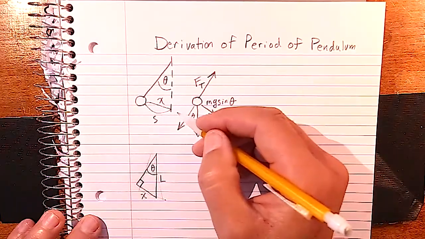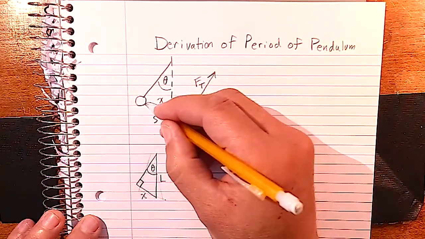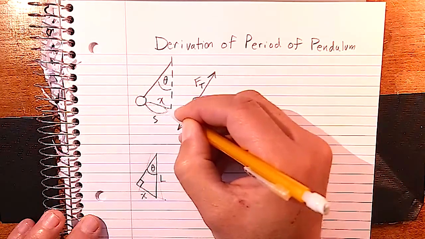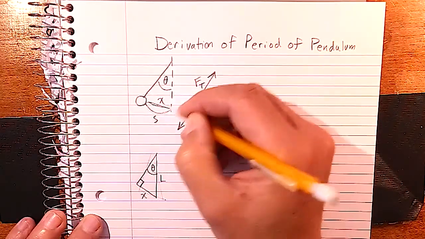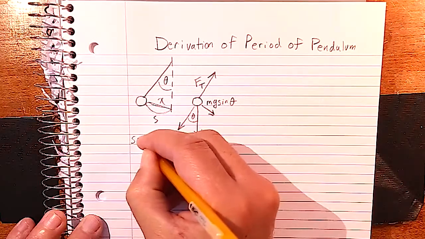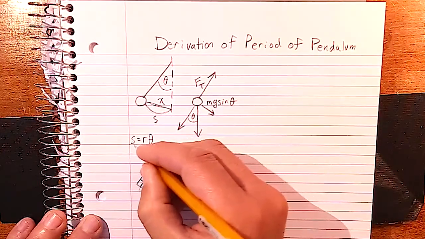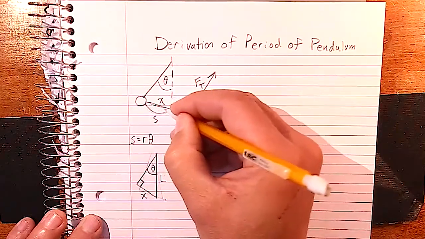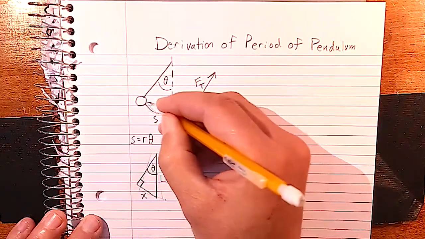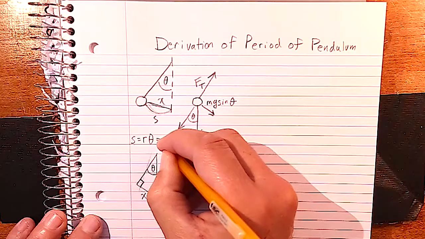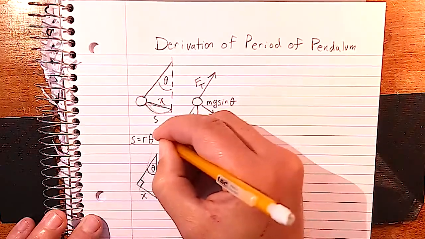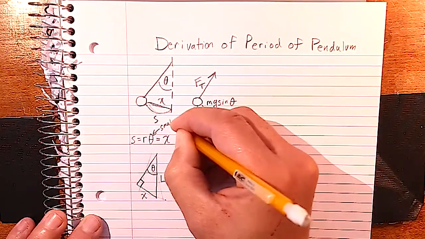So for small angles, we know that the arc length that it's spinning is going to be very close to x. So we know that arc length, s, is equal to r theta. Well, we know that arc length for this little tiny angle in here is very close to x. So we can say that that's equal to x when this is small.